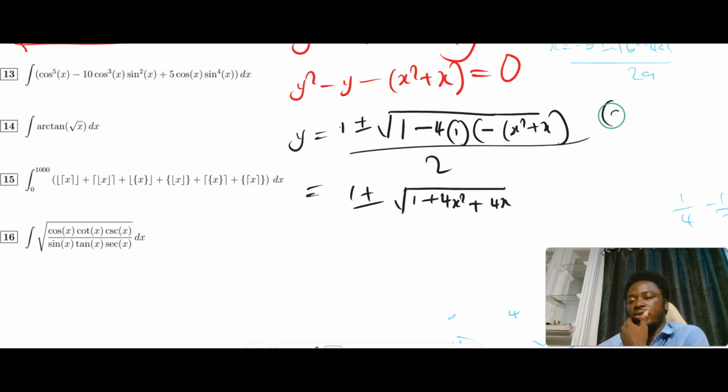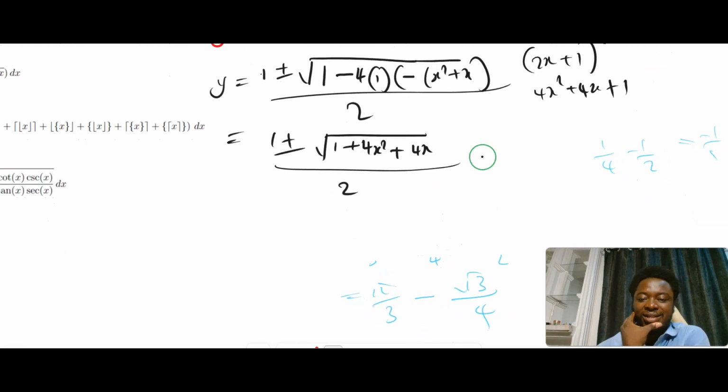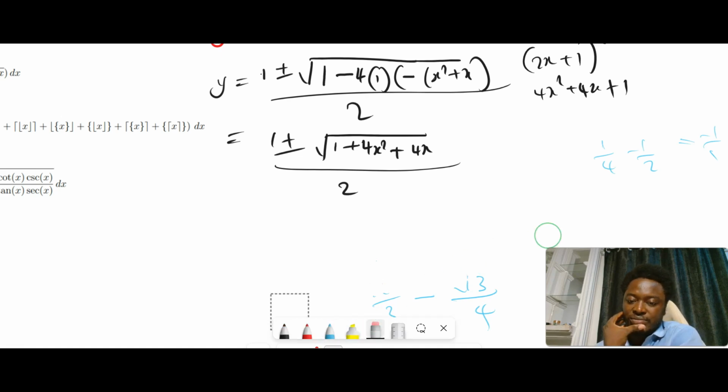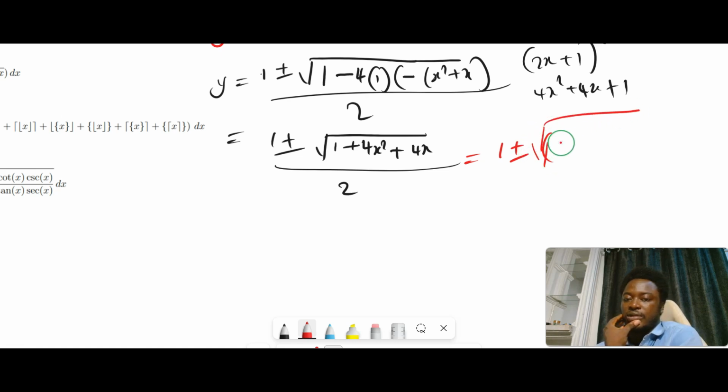Which is 2x plus 1 squared, since that is 4x squared plus 4x plus 1. Okay, thank God. I was thinking that this would not help us. So this would be 1 plus or minus the square root of 2x plus 1 squared, all divided by 2.